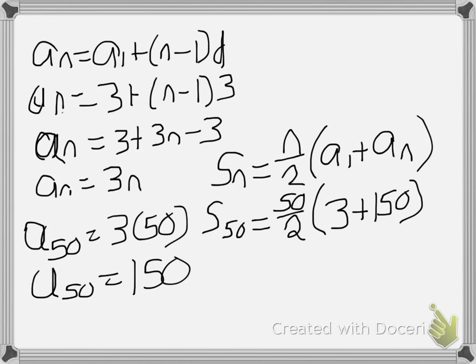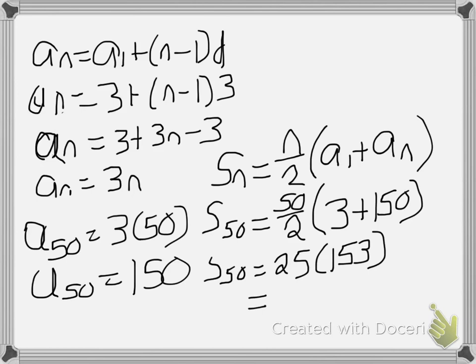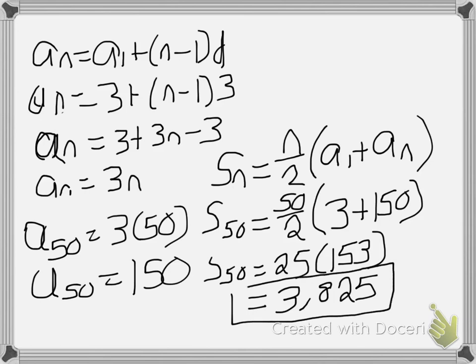So the sum is going to be 25 times 153, and 25 times 153 turns out to be 3,825.